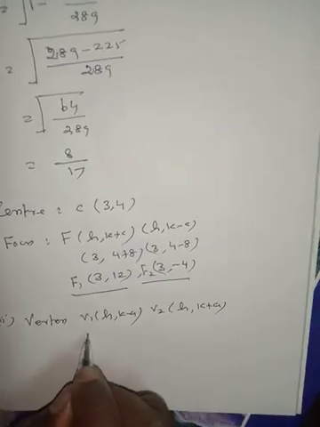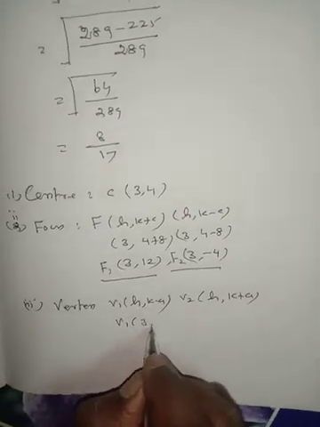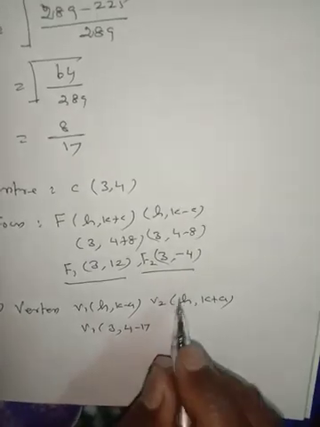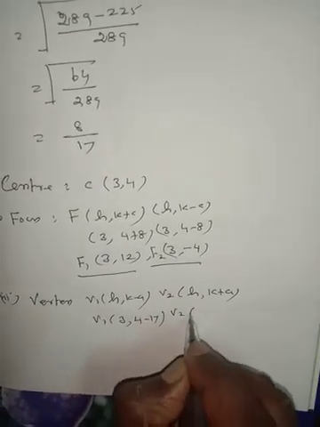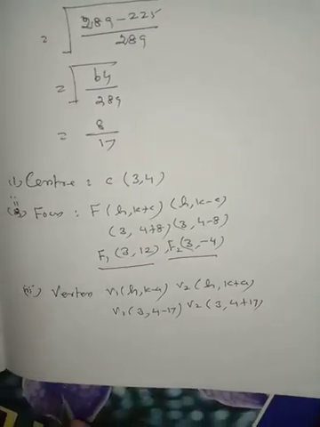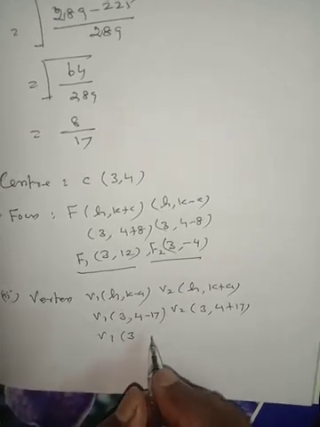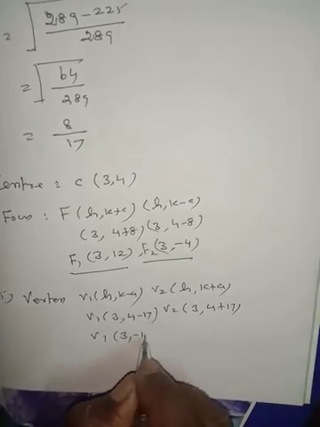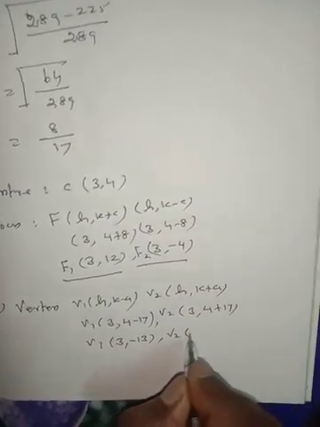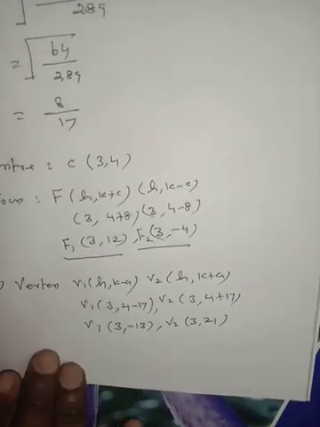So V1 is (3, 4 minus 17) and V2 is (3, 4 plus 17). V1 is (3, minus 13) and V2 is (3, 21).